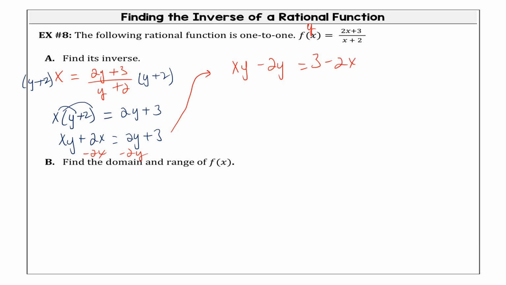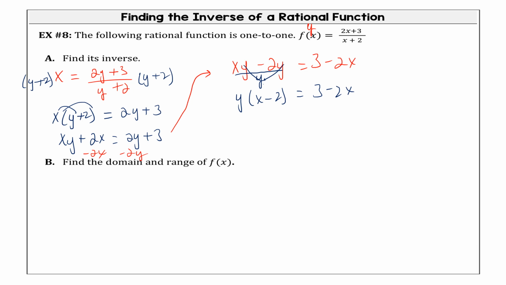Now I'm going to get y by itself. In order to do that, I'm going to factor out y. When I factor out y, it moves to the outside, and what I'm left with is y times (x minus 2) equals 3 minus 2x.